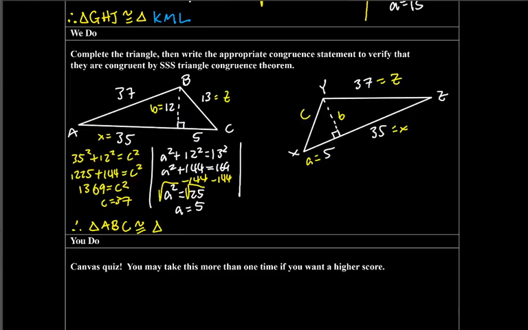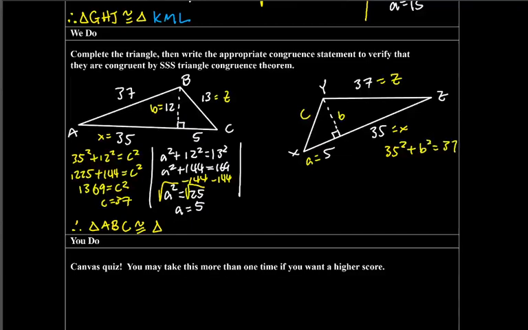Okay, so I'm just gonna write that here then. 35 squared plus B squared equals 37 squared. Calculator, plus B squared equals, calculator. More calculator work, because calculator.